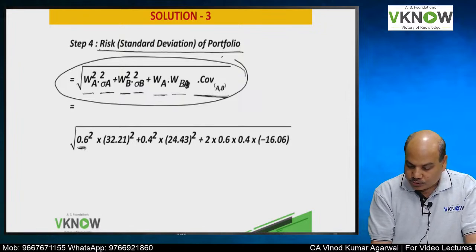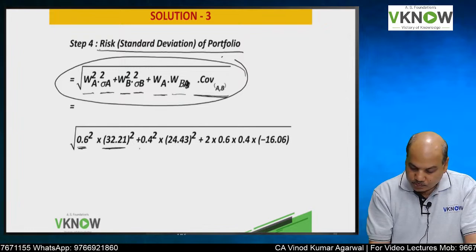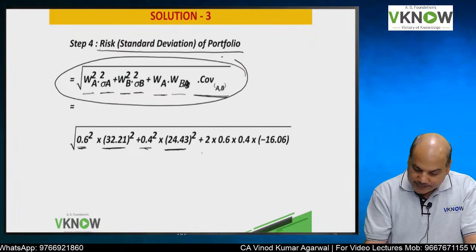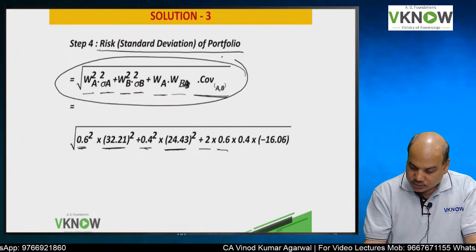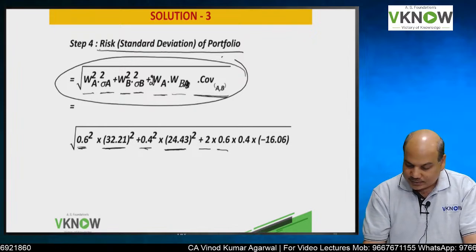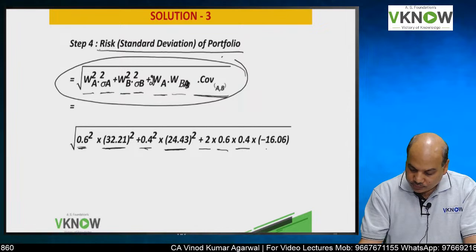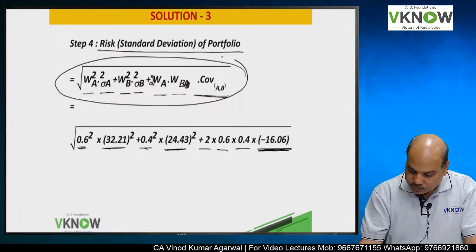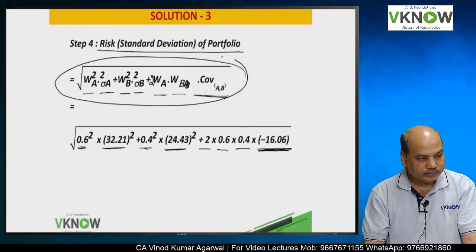Now put the values: 0.6 square into 32.21 square plus 0.4 square into 24.43 square plus 2 into 0.6 into 0.4 into covariance, which is minus 16.06.